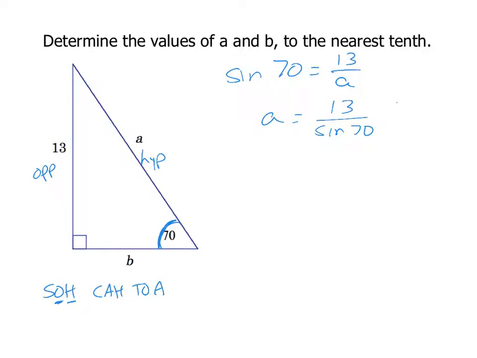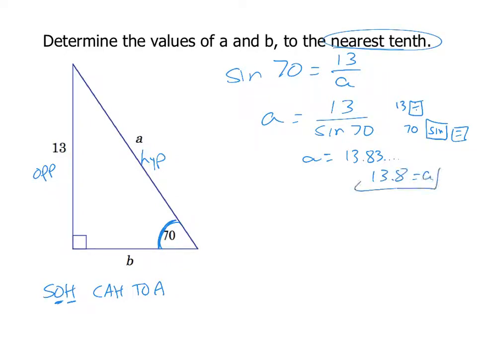So on your phone, you're typing 13, divided by, 70, and then pressing your sine button, and then pressing equals. When you type all that in, you should get that A is about 13.83. We're going to the nearest tenth, it says here, so let's say it's 13.8. That's going to be our value for A.